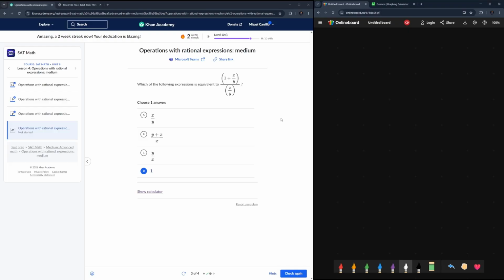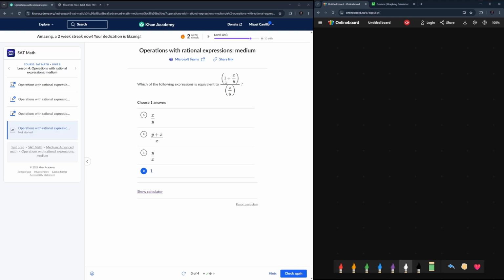Okay, I was also confused by this problem here. I didn't know what to do. It's asking for the equivalent. Again, all of these problems are asking for the equivalent version of the equation. So what do we do here? At first, and you see I picked 1. I had picked 1 because I thought that we could just cancel the x over y and we would just be left with 1.